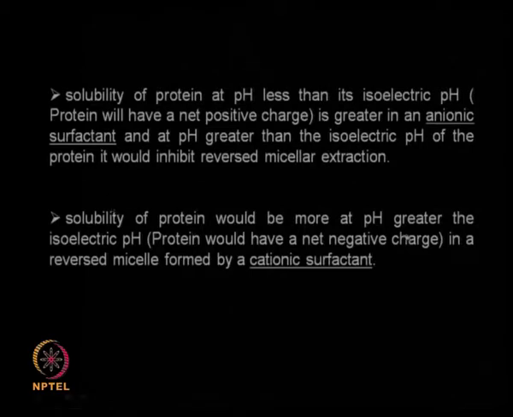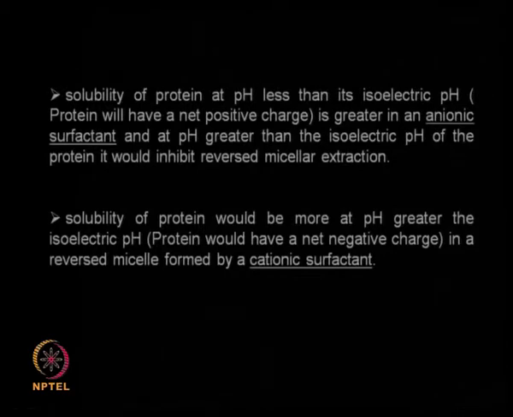If you want to work at a pH which is greater than the isoelectric pH of the protein, then ideally I should have a cationic surfactant. Otherwise, if I am going to work at a pH lower than its isoelectric pH, then it will be good to have an anionic surfactant.